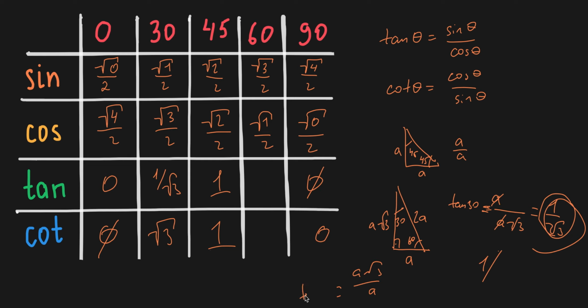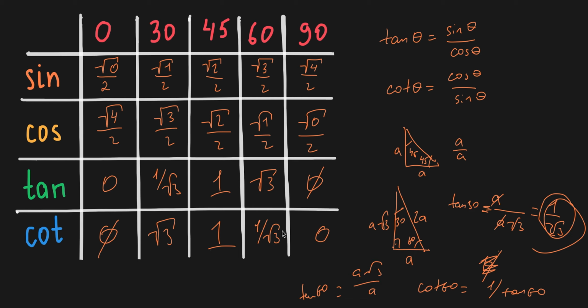This is tangent 60, and this is going to be just root 3. And we know that cotangent 60 is 1 over tangent 60. So this is going to be just 1 over root 3.